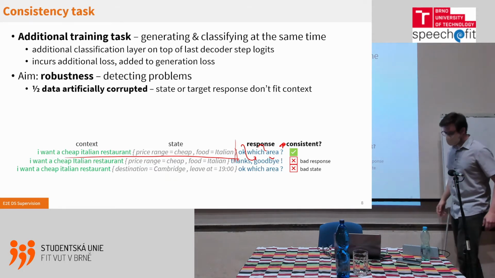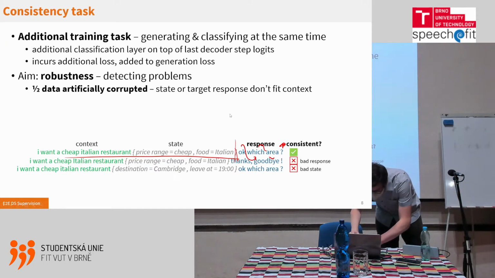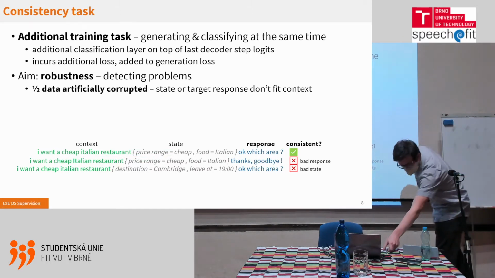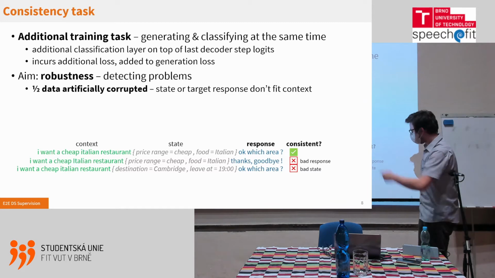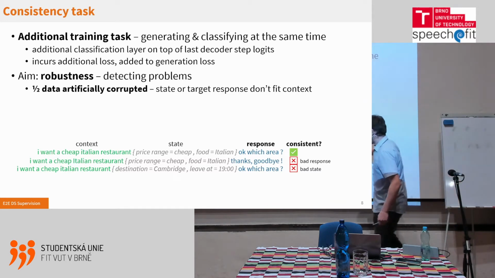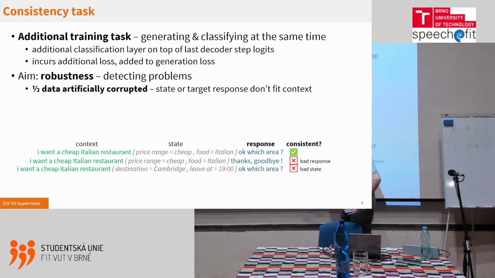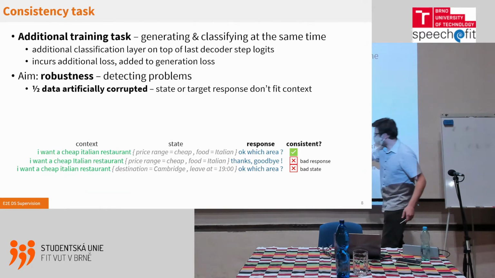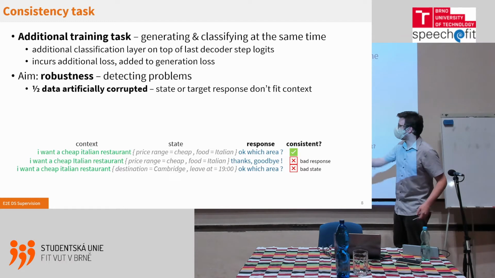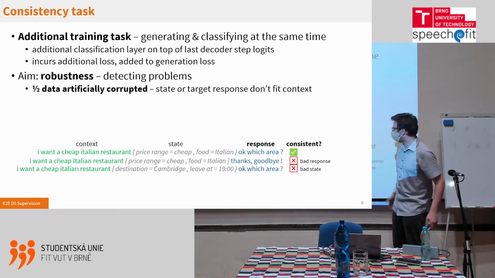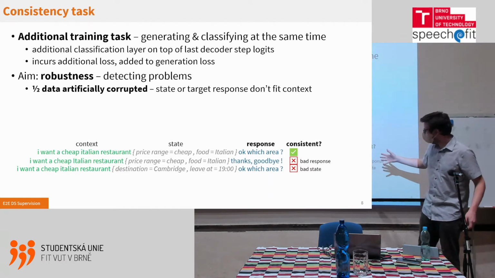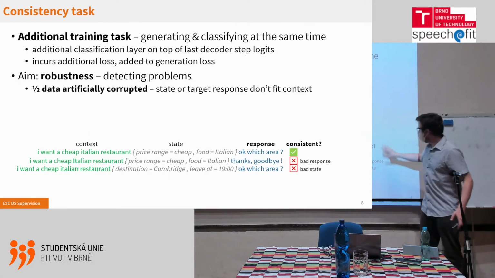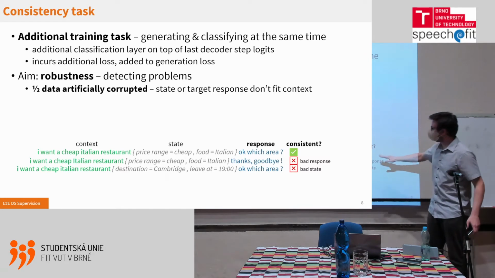So you have something like this. Instead of having the system react to the user asking about the Italian restaurant, you can have a response that does not fit the context. The user says, I want an Italian restaurant. Response is, thanks, goodbye. And that doesn't fit. So the consistency classifier will say that this is wrong.